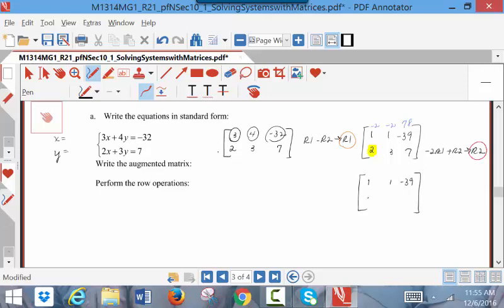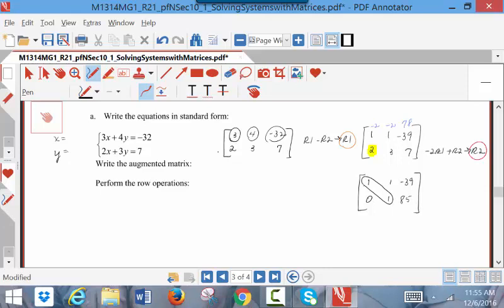Negative 2 plus 2 is 0. Yes, I want a 0 there. Negative 2 plus 3 is 1. 78 plus 7 is 85. Correct? Okay. So at this point, I've just got lucky and I have 1s on my diagonal.